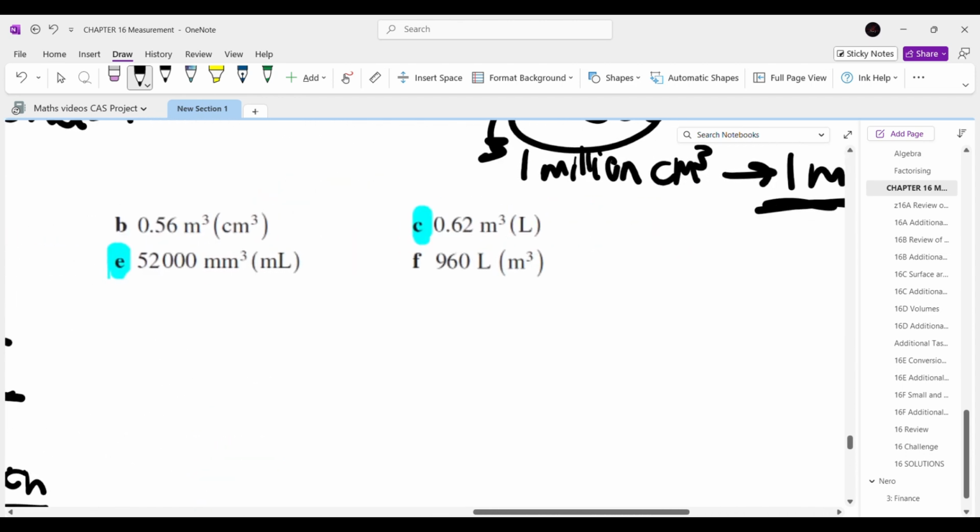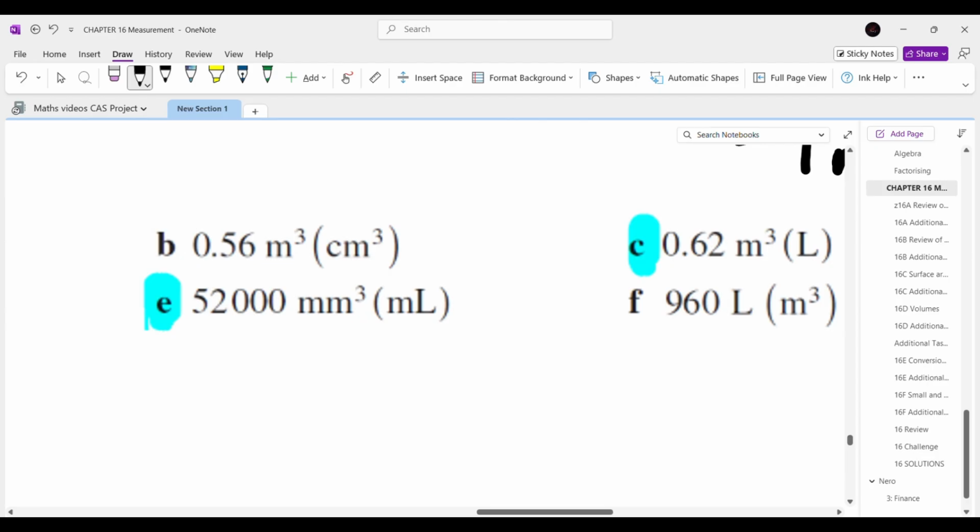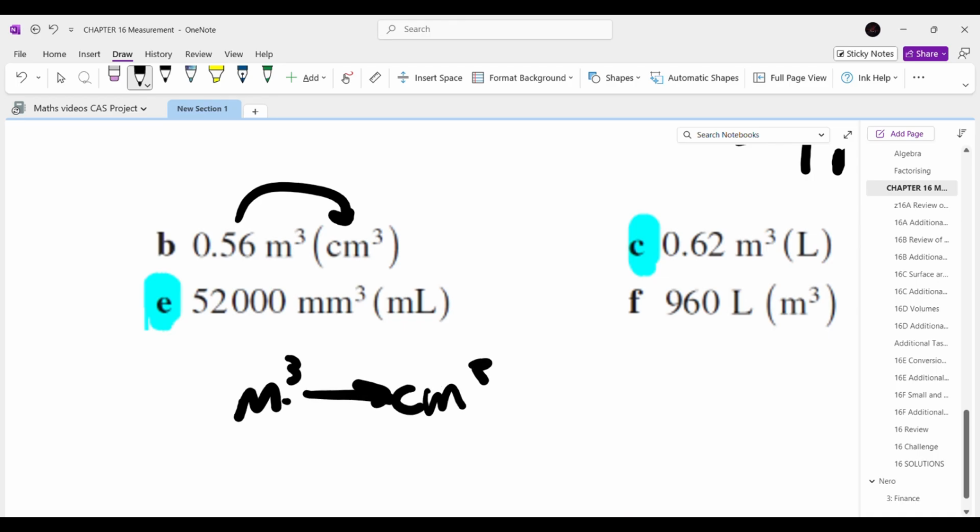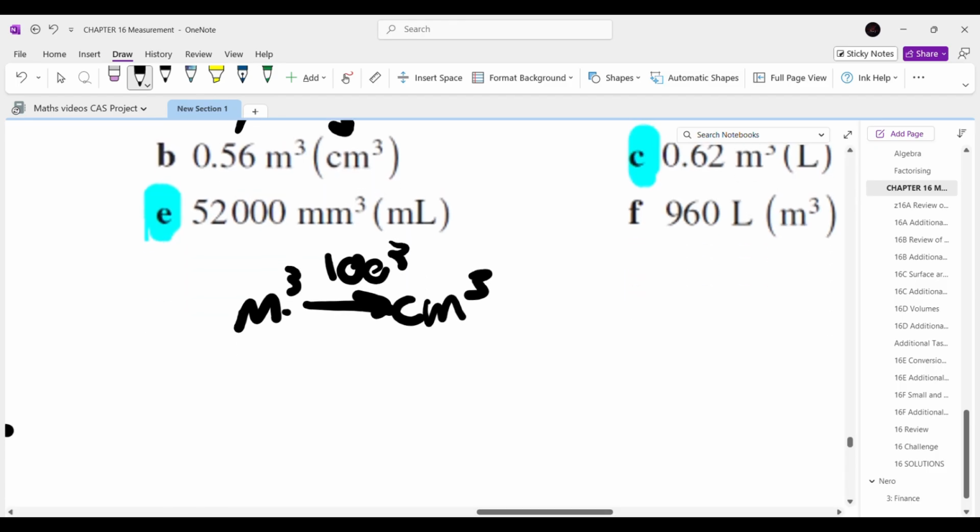Now over here, with your liquid calculations for volume, we'll just practice some conversions. So remember, meters to cubic meters is just multiplying by 100 cubed or a million.